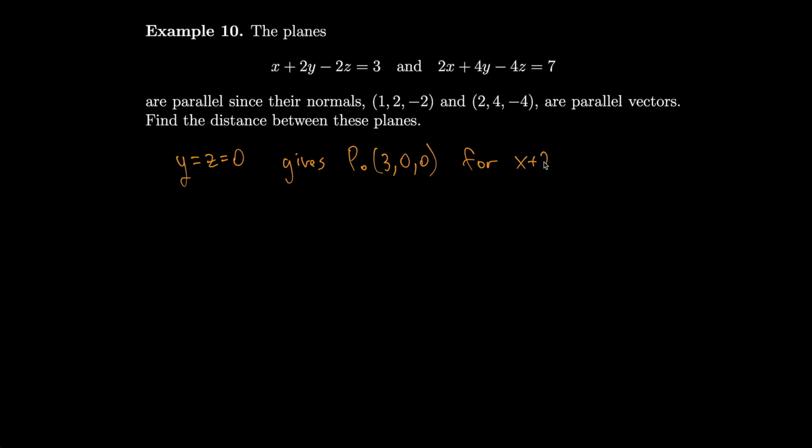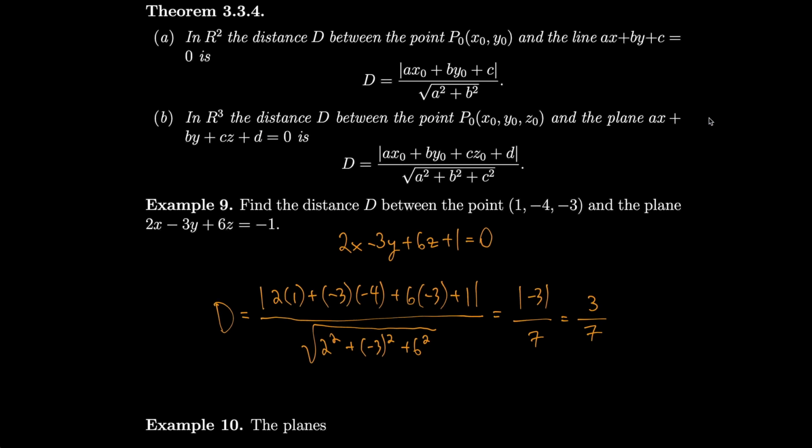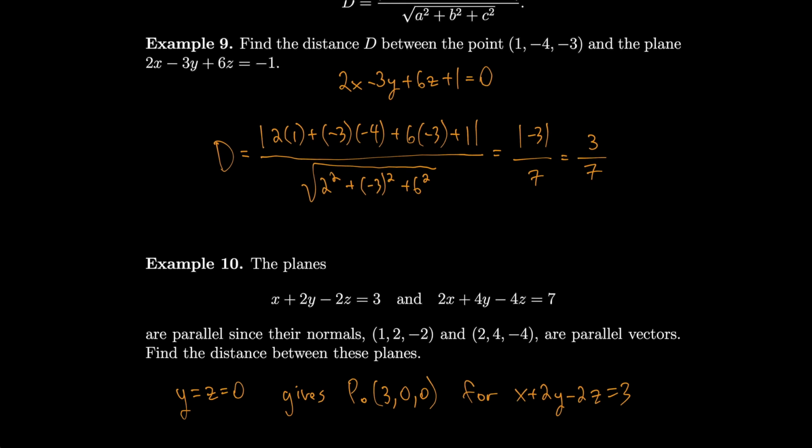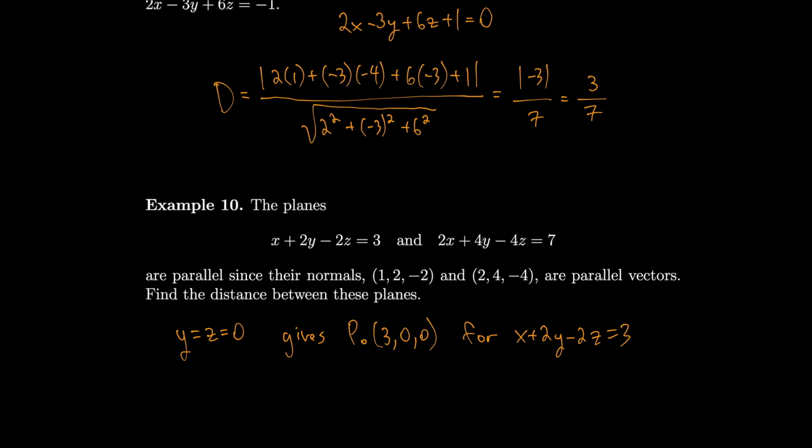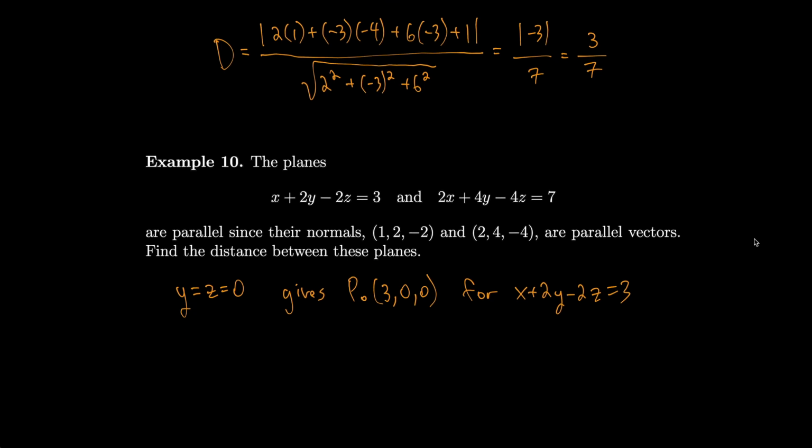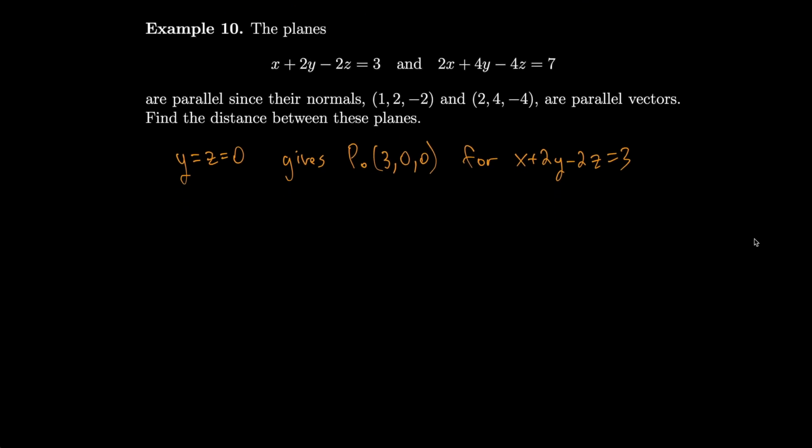x plus 2y minus 2z equals 3. Now that we have a point in the plane, we can use this formula for the distance. Remember, they told us that the planes are parallel, so they have the same distance at any point, so we could just find any point we want. So we chose one that's convenient. We just set y and z to 0.